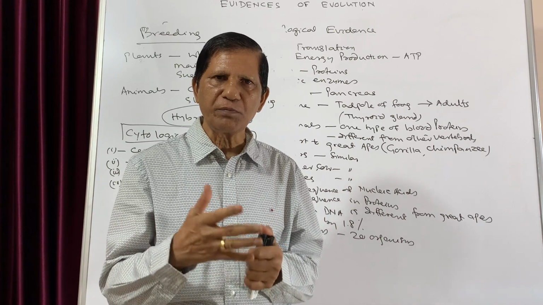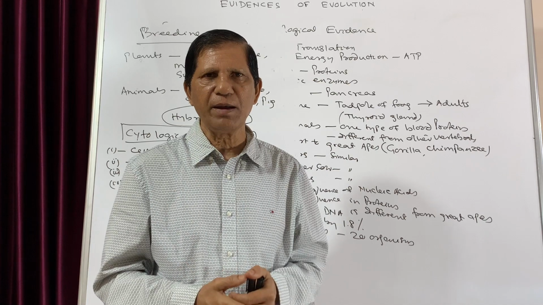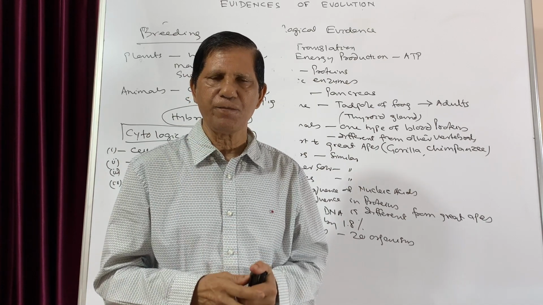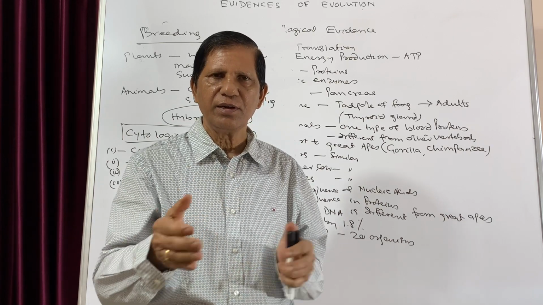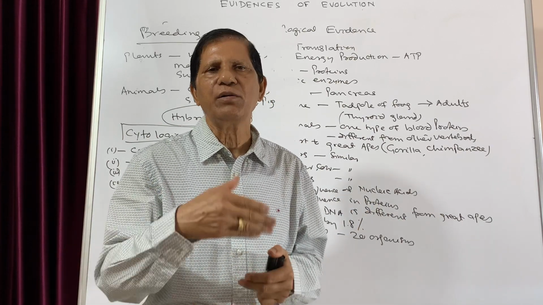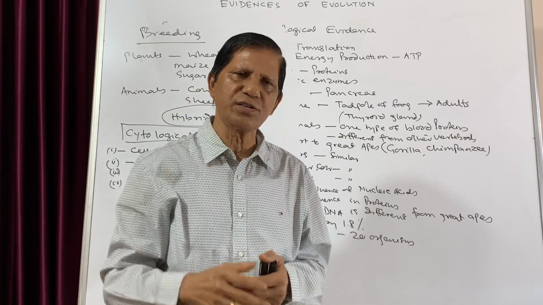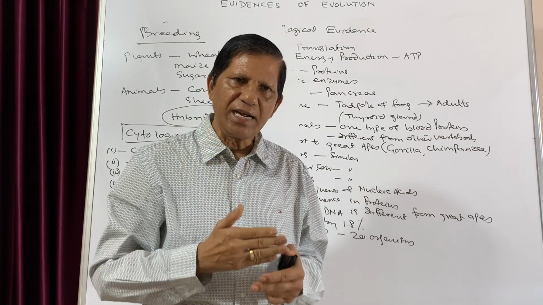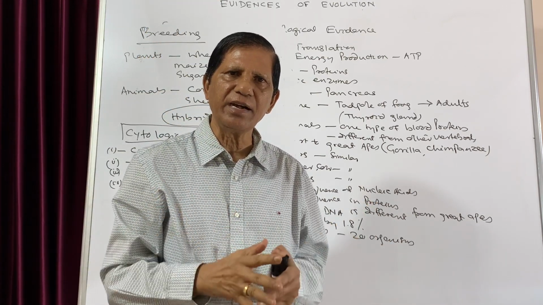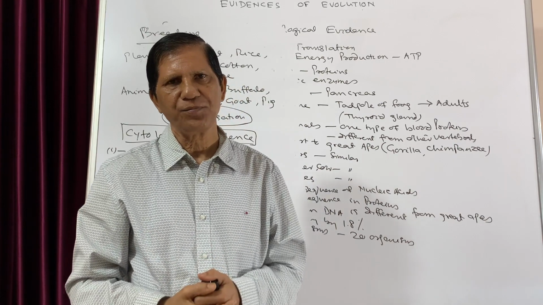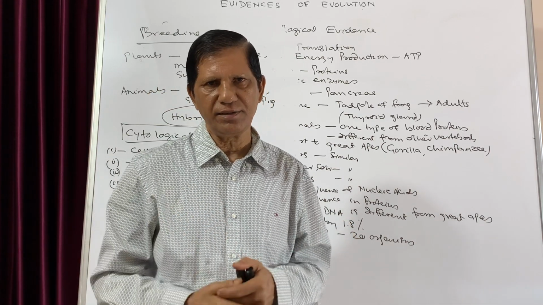Those plants which are very similar in their characters have been put in one species. Then several species in one genus, several genera in one family, several families in an order, then class likewise. So the entire taxonomic grouping is based on similarities and differences. Naturally, when there are similarities, they are closely related.